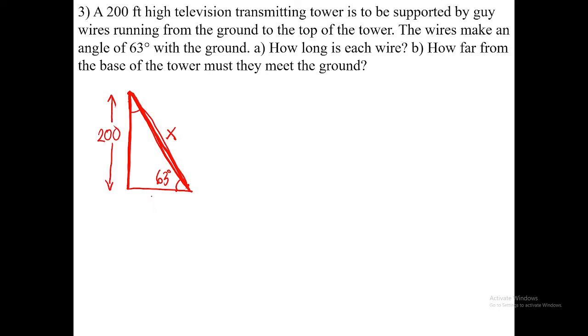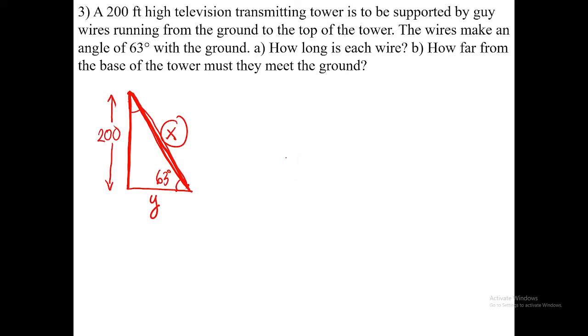So which one do I find first? What I am looking for is the length of the guy wire and the distance from the base of the tower to the bottom part of the guy wire. Okay? Now let's start with X first. If I want to solve X, what function are you going to use? Sine, cosine, or tangent?